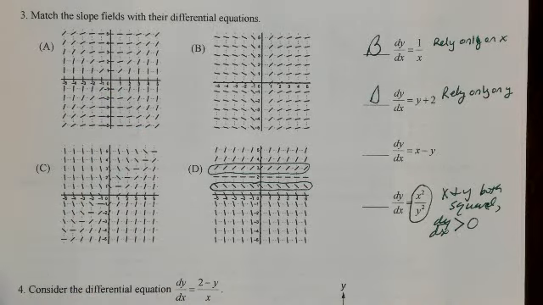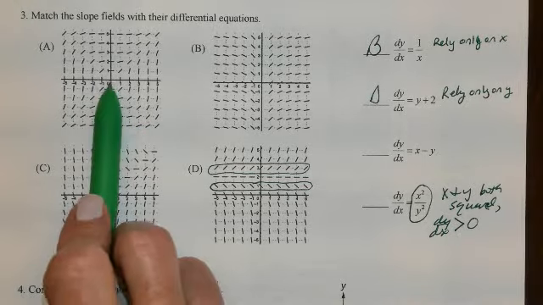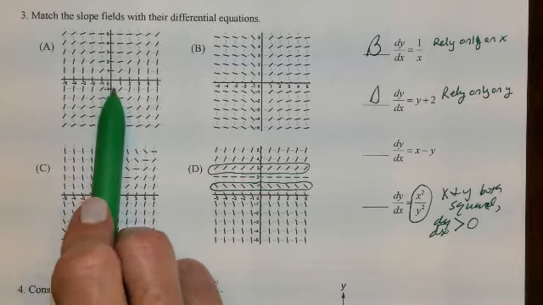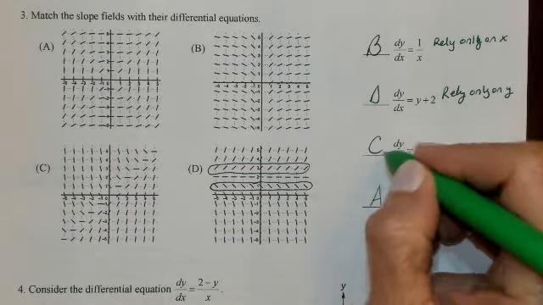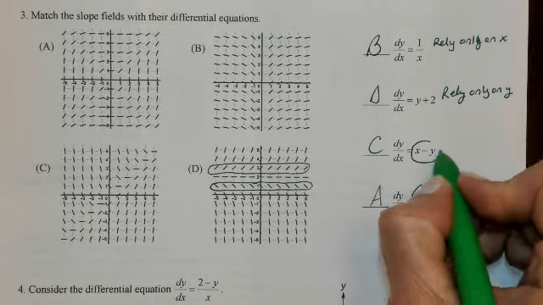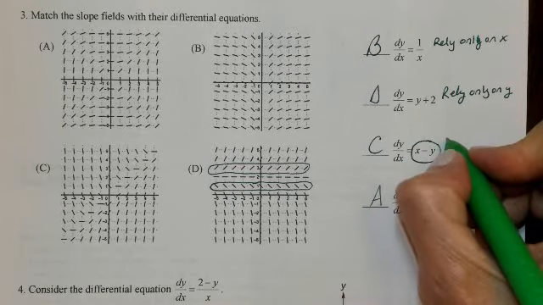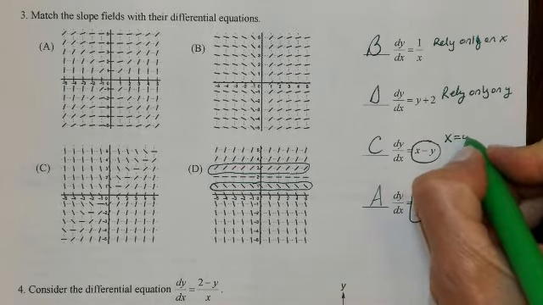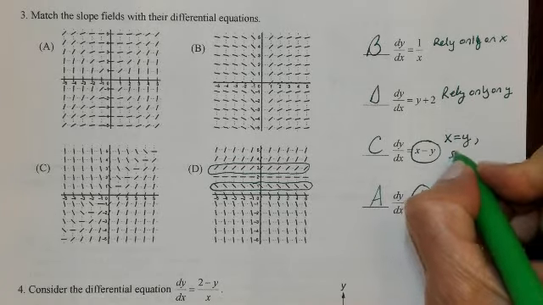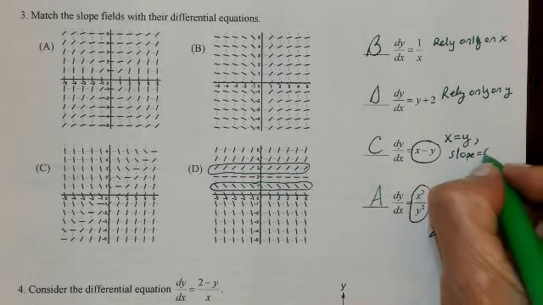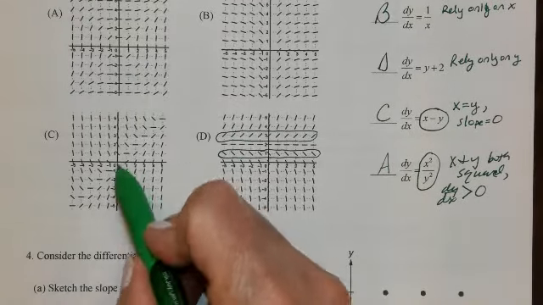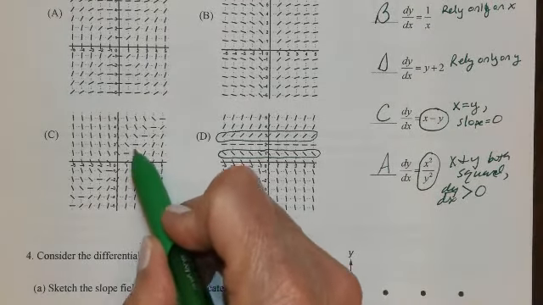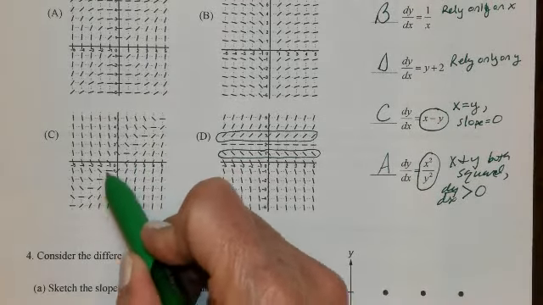Which one always has positive slopes? That one. That leaves this to be C, and if I was just looking at this one, I'd say, oh, well, when x is equal to y, the slope will be 0. Where x is equal to y, the slope is 0. And do you see that? Where x is equal to y, the slopes are 0.